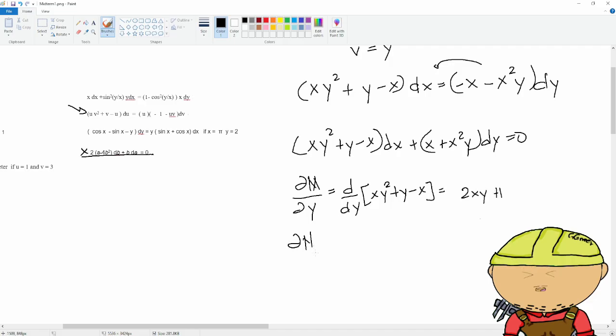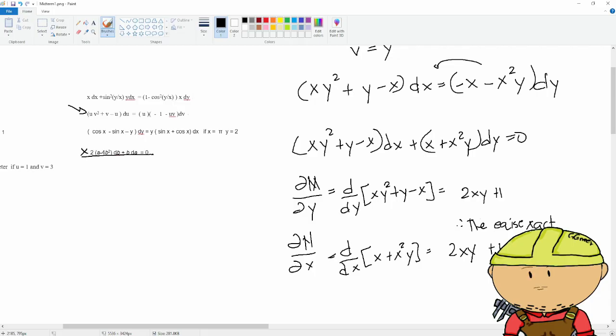And the differential of N with respect to x, x plus x squared y, is the same. So we can now say the equation is an exact equation.